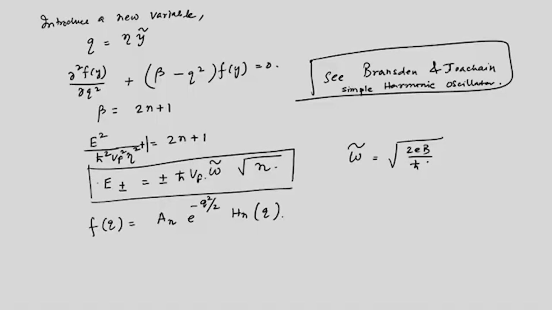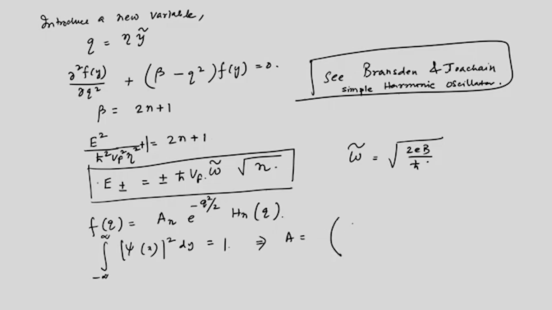So, one can find actually the normalization by using the total wave function, integral from minus infinity to plus infinity psi square dy equal to 1, and this will give you, there is a little lengthy calculation, but it is done several places.